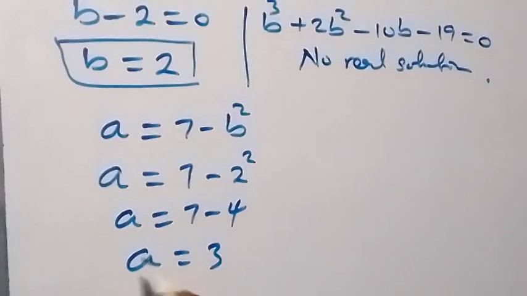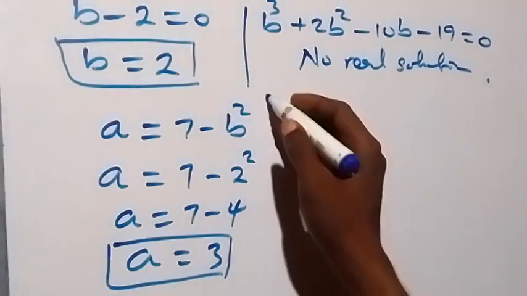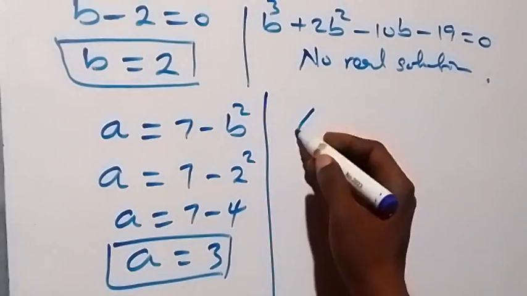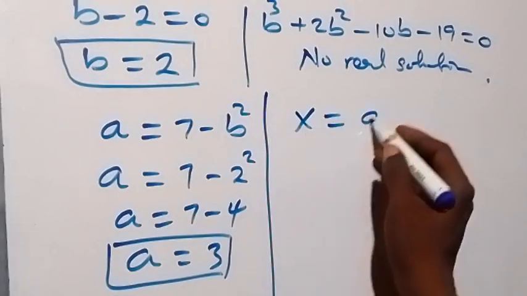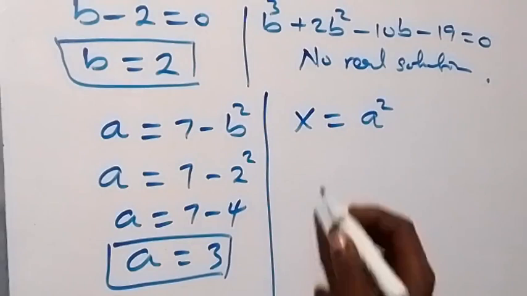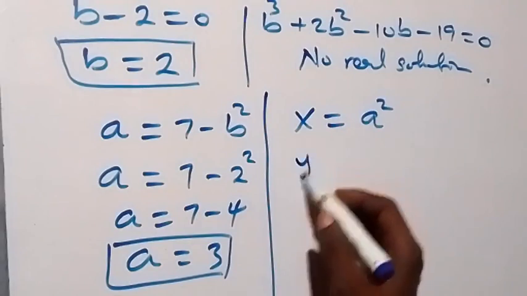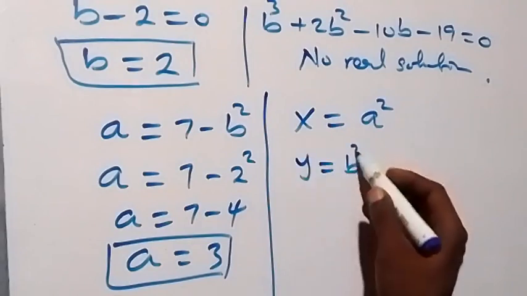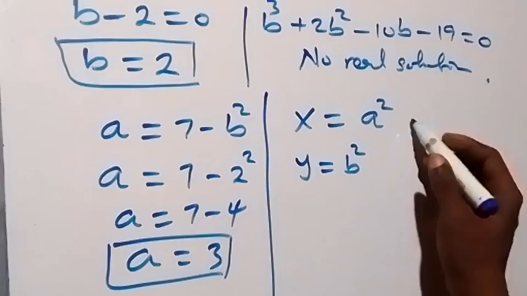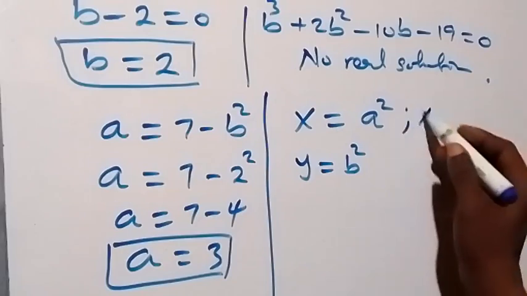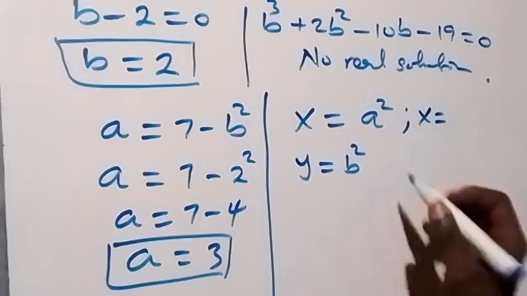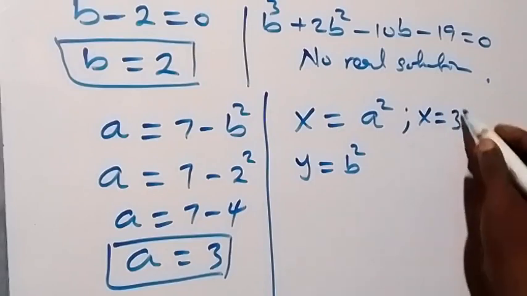So we have a equals to 3 and b equals to 2, and we should recall to find x now. We said from the beginning that x is represented as a square and y is represented as b square. Which implies that x will be equal to a, which is 3, that's 3 square.